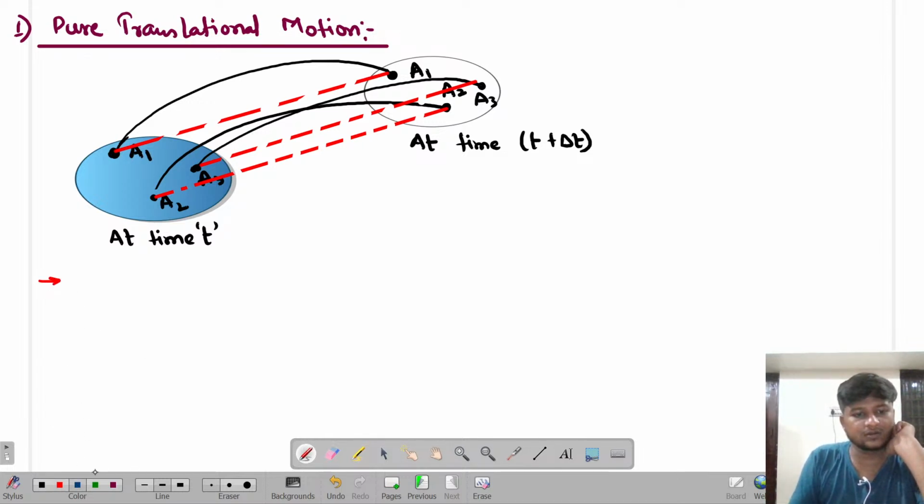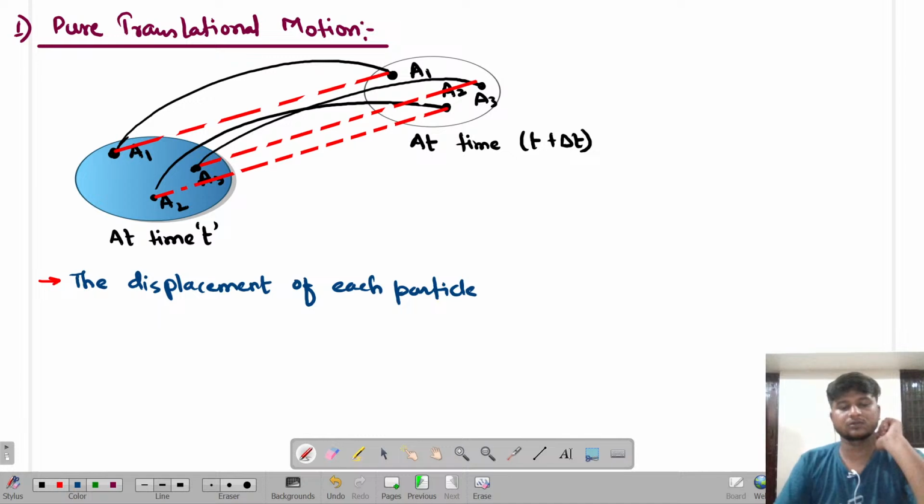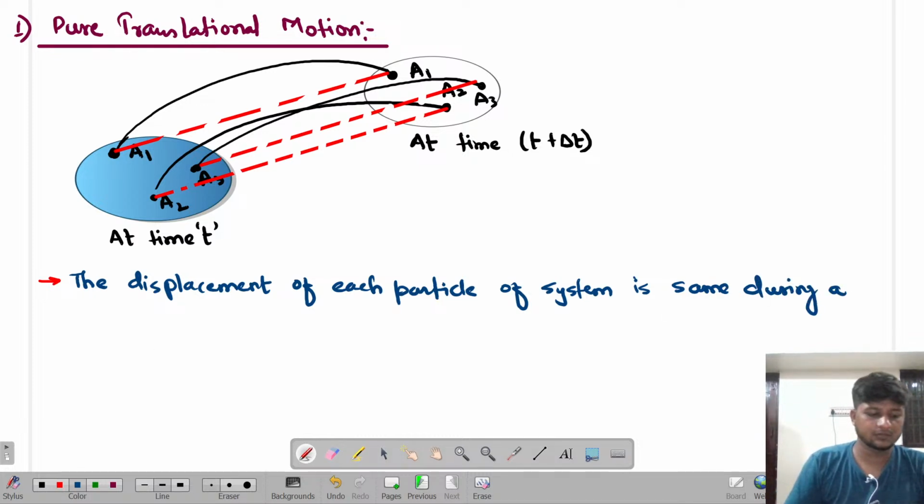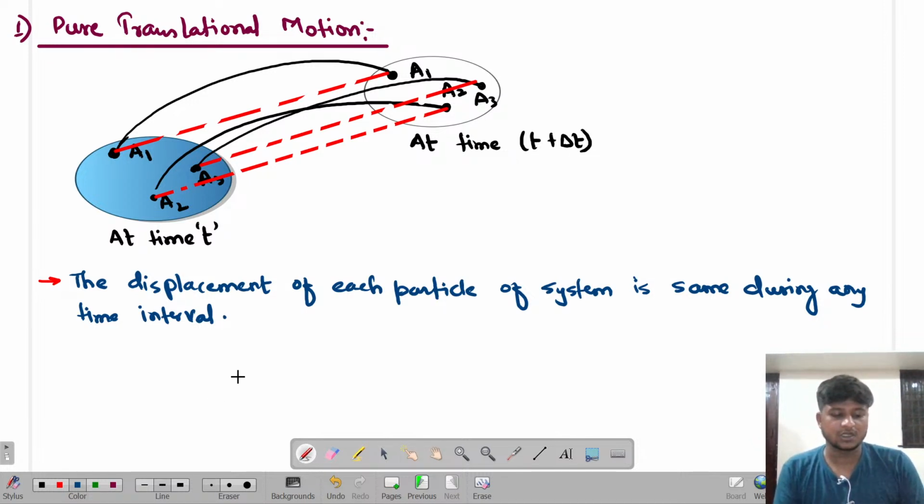The displacement of each particle of the system is the same during any time interval, then we call it a pure translational motion. Are you able to get me or not?